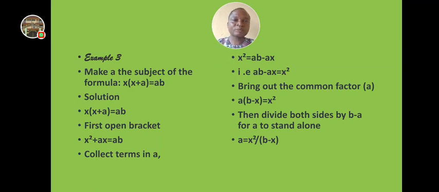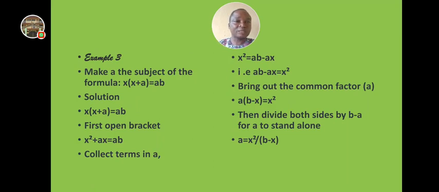The next step, you collect terms in a. You can see that the a we want to make the subject of the formula appears more than once. So you bring them together, and you're going to have x squared equal to ab minus ax. How did I get the minus? That plus ax crossing the equality sign to that side gives you minus ax. You can see I've brought the terms in a together already. And the next step is to bring out the common factor, the CF. The common factor there is a.